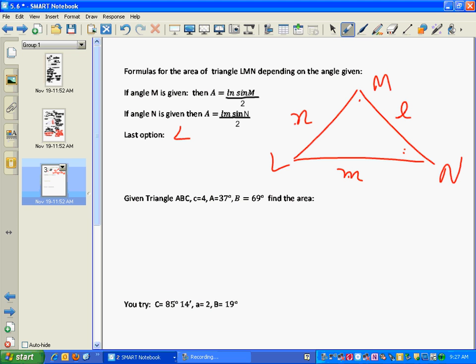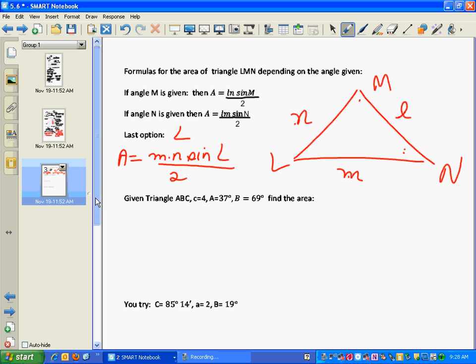L. And so then the area is going to equal, if L is given, what two side lengths do I multiply? M times N times the sine of L all over 2. Making sense? So either use the formula or understand how we're just going to find the area.